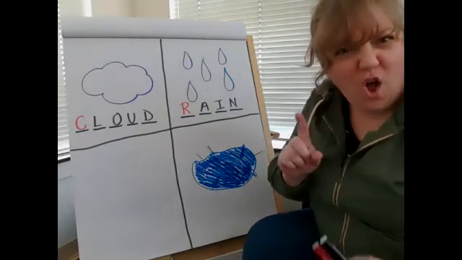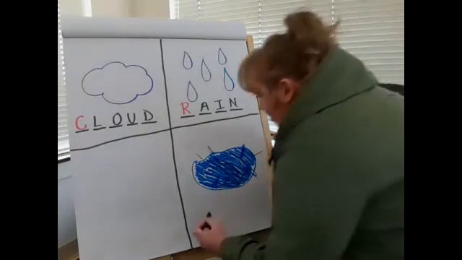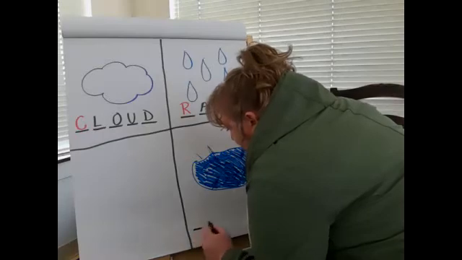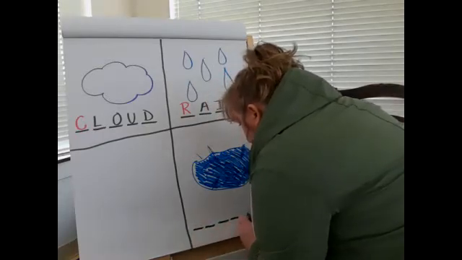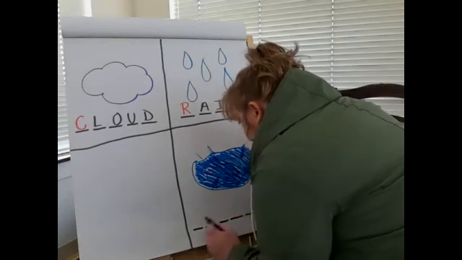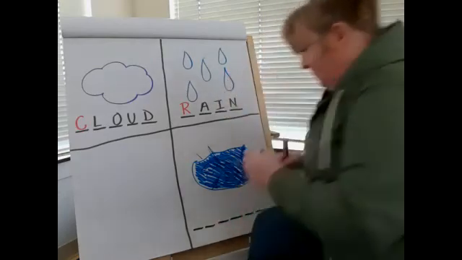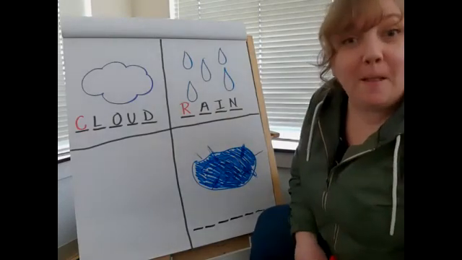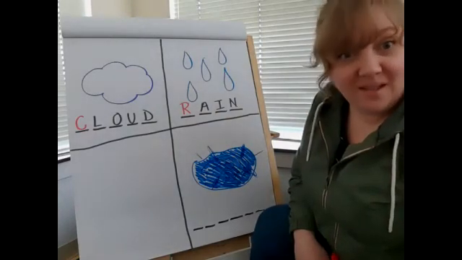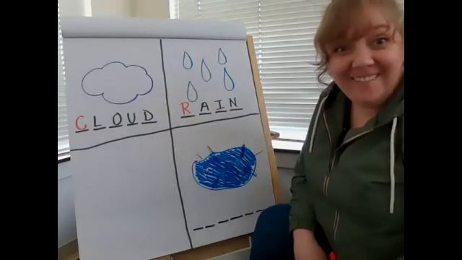That is a puddle. Puddle is a long word. So it's 1, 2, 3, 4, 5, 6. Okay. What letter goes P? Do you know?